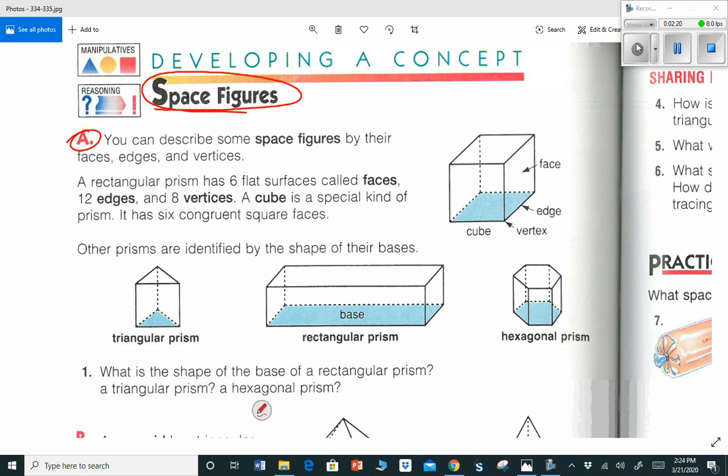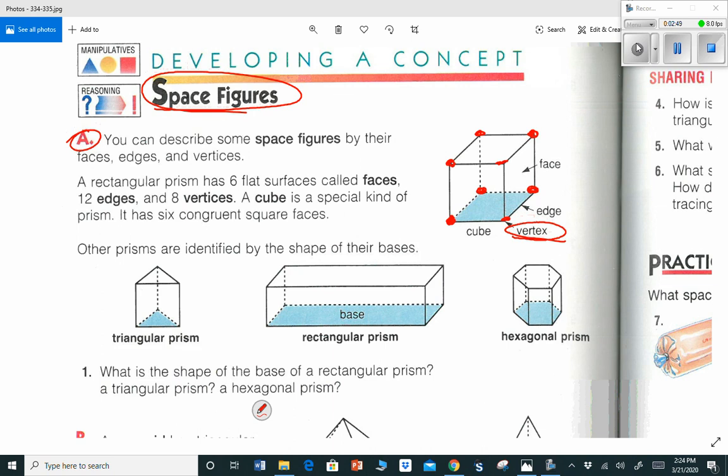And then we've got vertices. One of them is called a vertex. More than one would be called vertices. Vertices are where 3 or more faces come together, and you kind of get a sharp point there, okay? Again, I would count them in an orderly fashion. 1, 2, 3, 4, 5, 6, 7, 8.